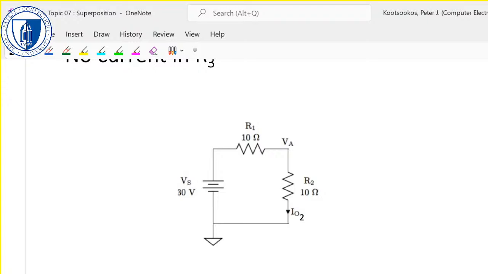So now the total current, which is just IO2, is going to be just that. We've got R1 in series with R2. Just add those up to get 20 ohms. The voltage drop across them is 30 volts. Apply Ohm's law, and we get IO2.